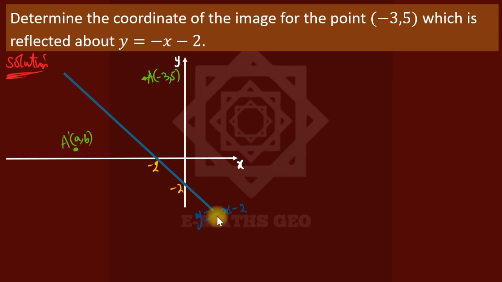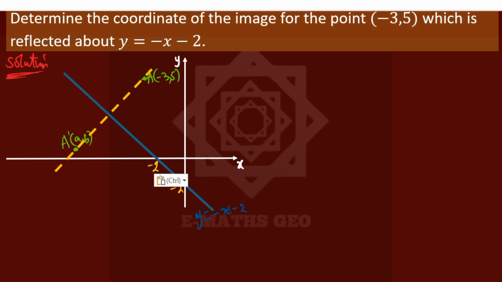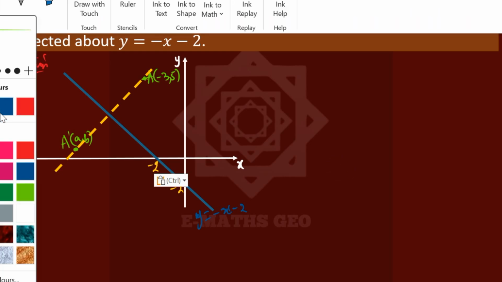So we need to get the line joining A and A prime. It will help us. So let's introduce the line passing through A and A prime. So we now have the line. We are saying that these two distances must be the same for it to be the image.